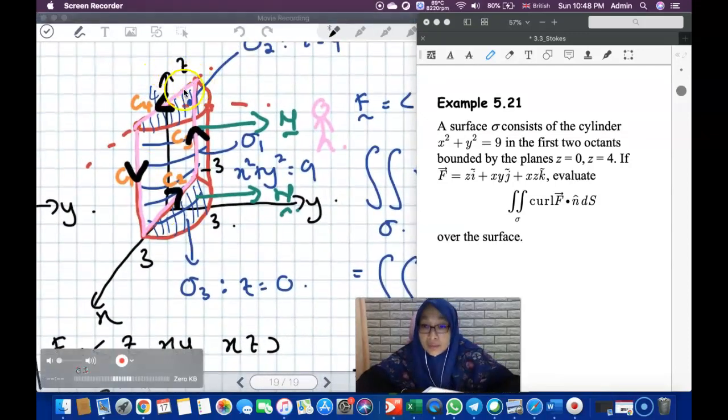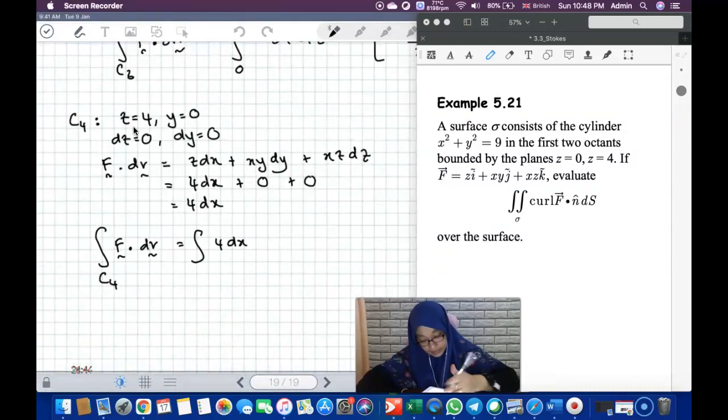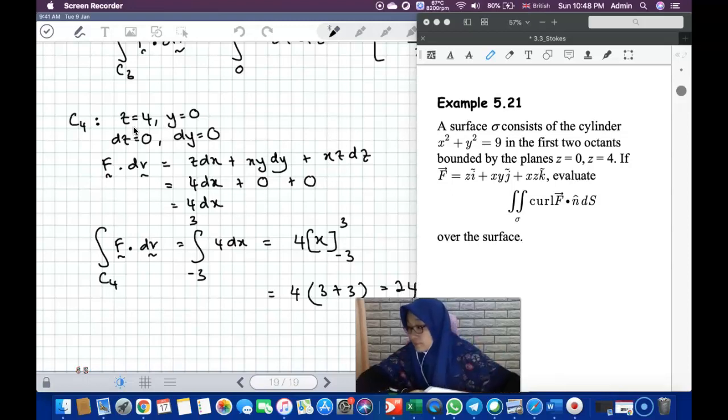From here to here, x from minus 3 to 3. So 4x from minus 3 to 3, 12 plus 12, we got 24.